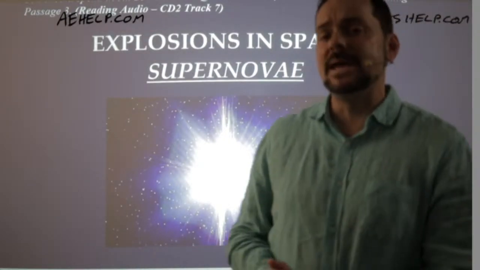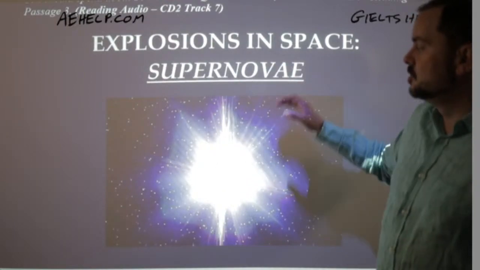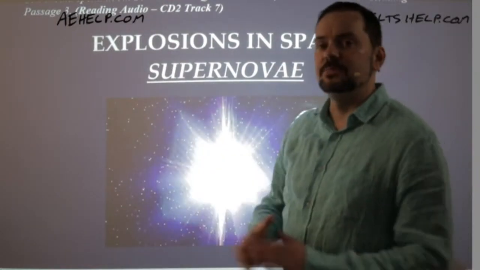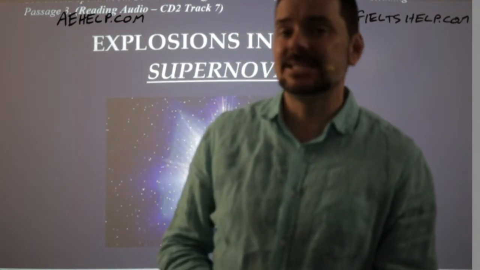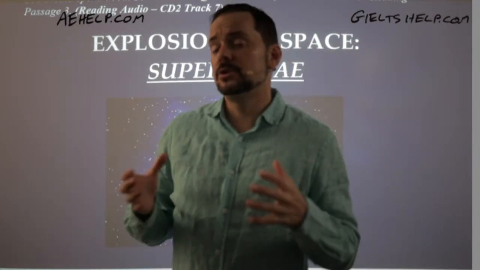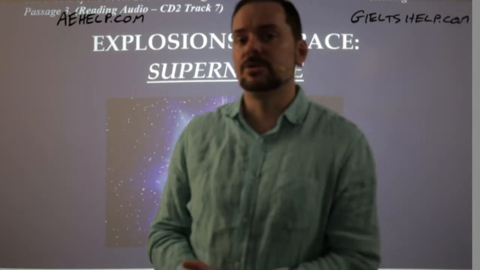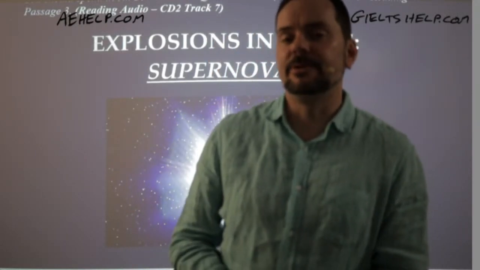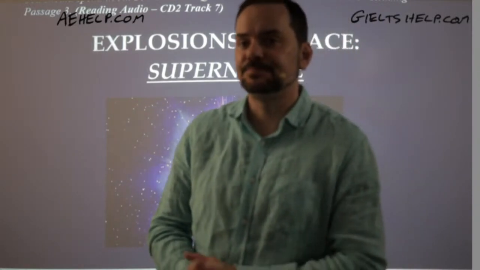So based on this title, explosions in space, supernovae, and looking at the picture, what do you think that this passage is going to be about? Your first step should always be reading the title. If there's a picture, look at the picture. In my exam that I did back in February, there were no pictures for any of the passages, but sometimes you do get them, okay?